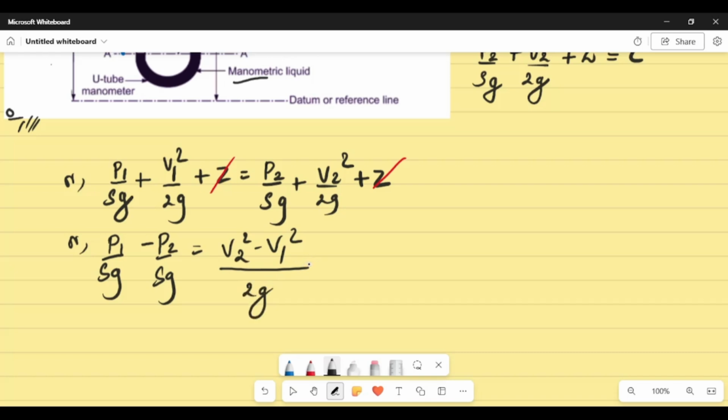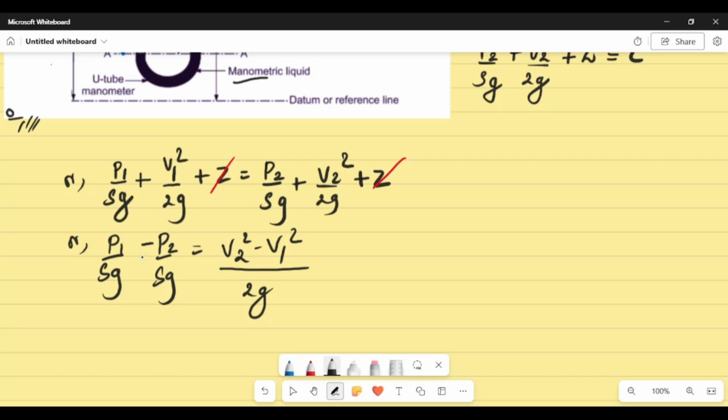Now we are going to write this equation in terms of the continuity equation, and we are going to write this equation in terms of V2. So we are going to calculate the value of V2 from this particular expression. In the previous expression, in the continuity equation, we did not deal with the pressure, but here we are also dealing with pressure.